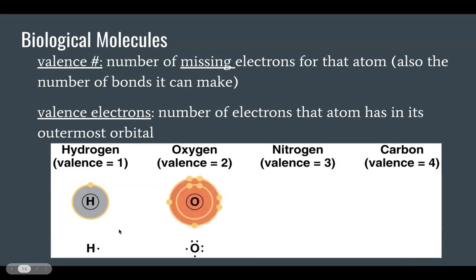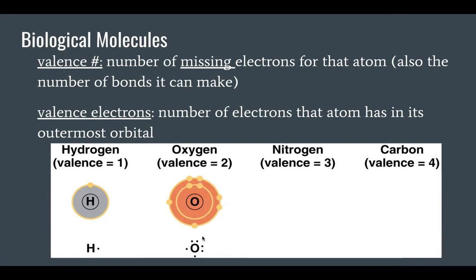Let's do the same thing with oxygen. Oxygen has a valence of 2, but oxygen has fulfilled its innermost electron shell. So that means that those 2 electrons, they're happy. They're good to go. They are sort of stable. But the outermost electron shell, the outermost orbital, has 6 electrons in it.